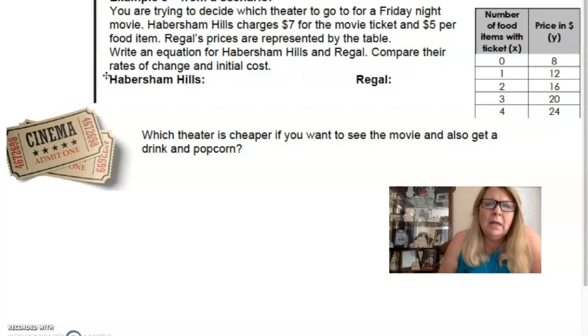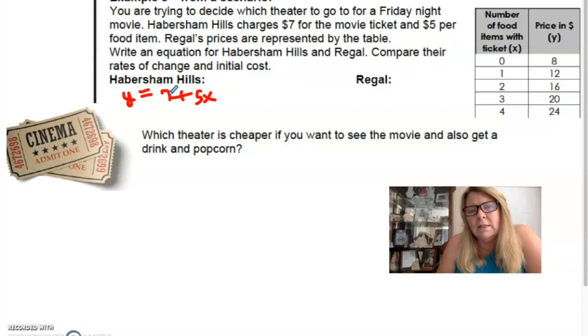So for Habersham Hills, it gave us the wording up here, which makes it a little bit easier to talk about and figure out. Our cost, and that's the output, is $7. I have to pay $7 to get in, but then if I want some food items, I have to pay $5 for every food item that I buy. So that would be 5x. So for Habersham Hills, the initial cost is $7.